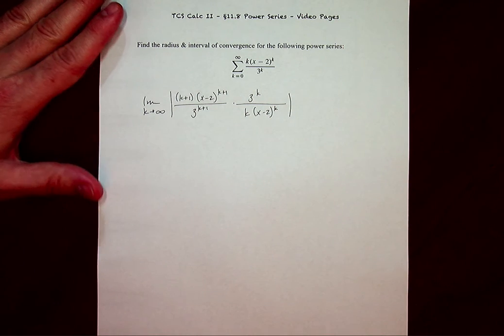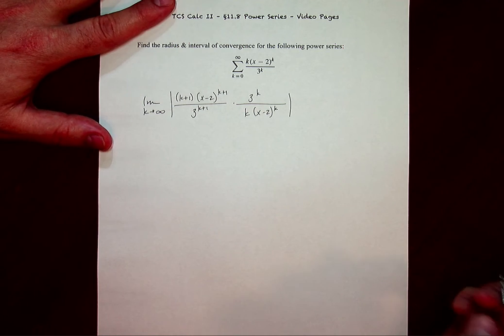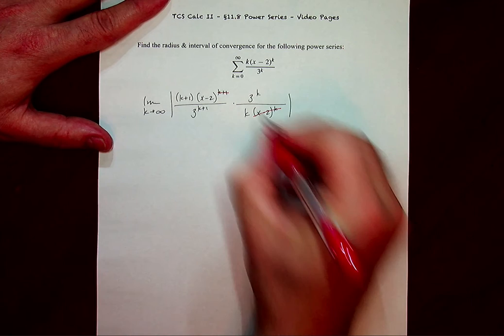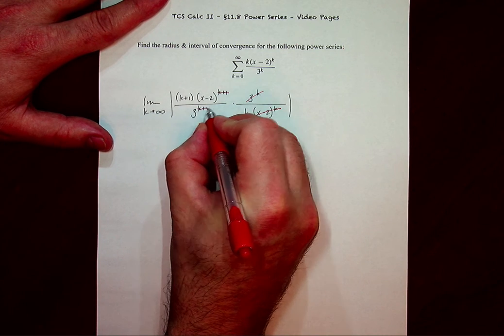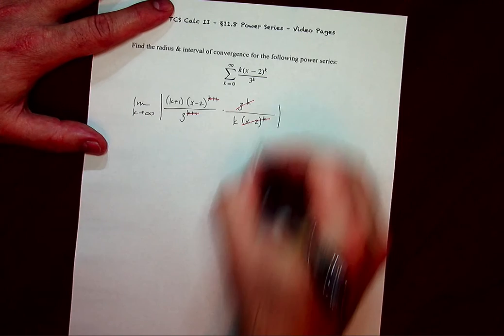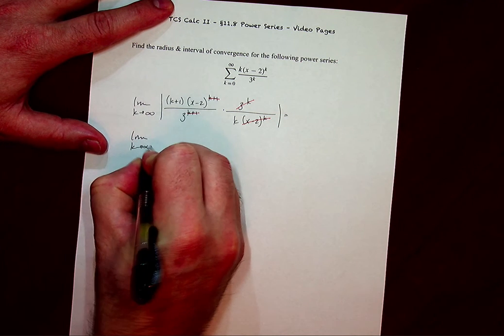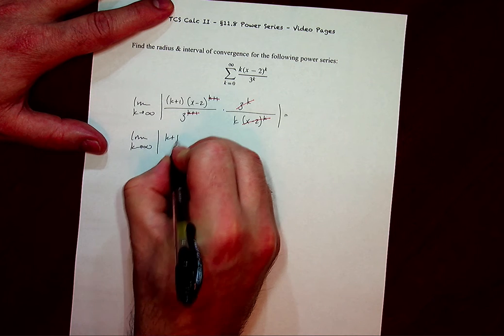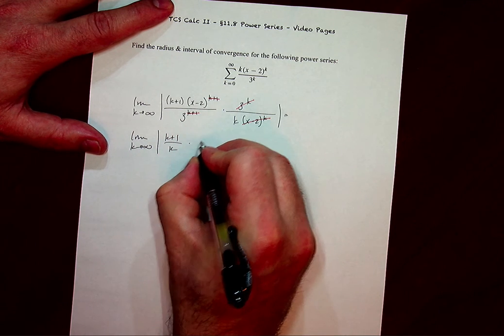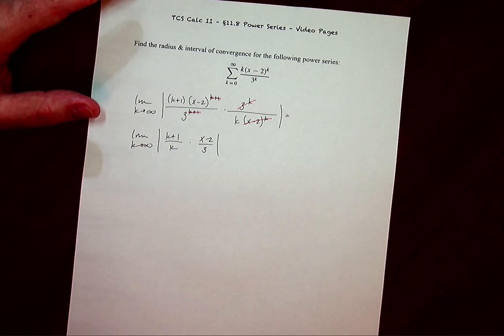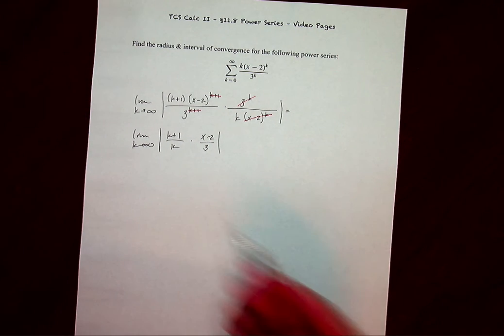Now the simplification process, again, ought to be pretty simple. All of this cancels with all but one of those. All of this cancels with all but one of those. And when I rewrite it, I can get the limit as k approaches infinity of k plus 1 over k times x minus 2 over 3. And the reason that I do that is this limit is with respect to k.